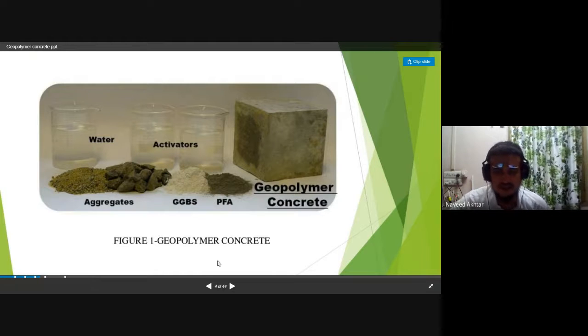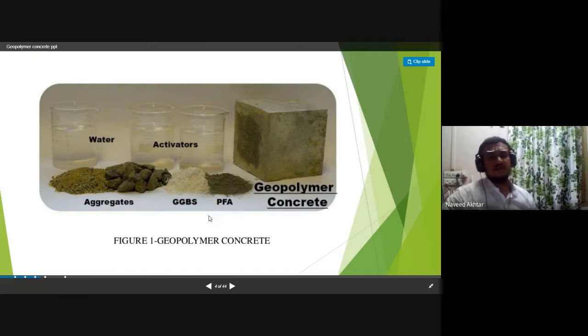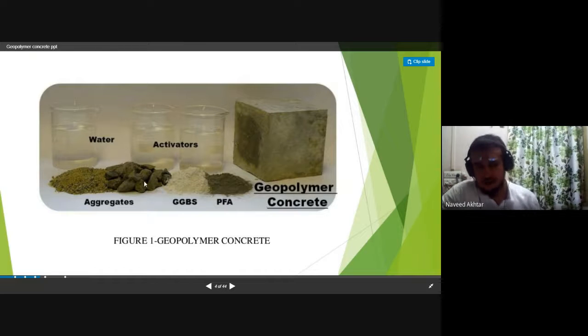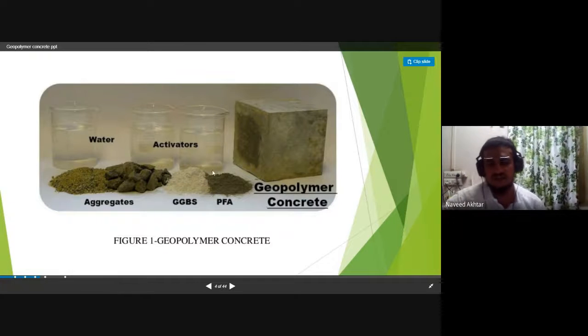But the difference is the reaction between the activator solution, that is the alkalis, and the fly ash. The activator solution will activate the fly ash and GGBFS, or it may be rice husk ash or silica fume. They activate that, and that matrix makes a paste.